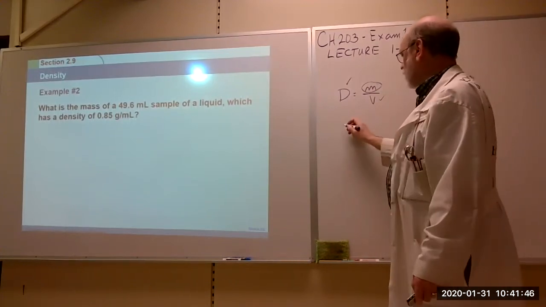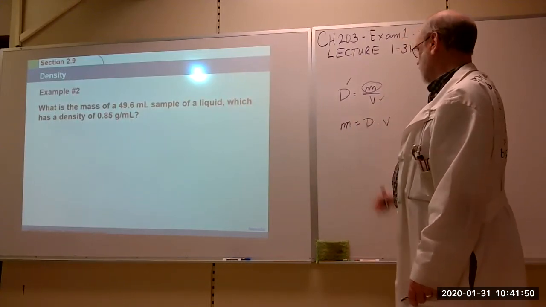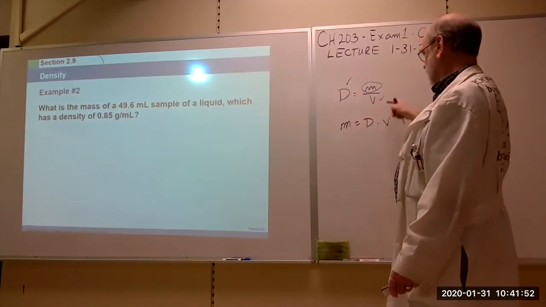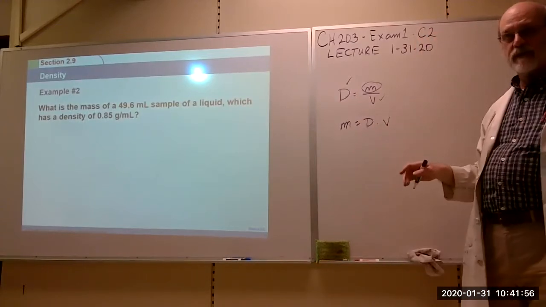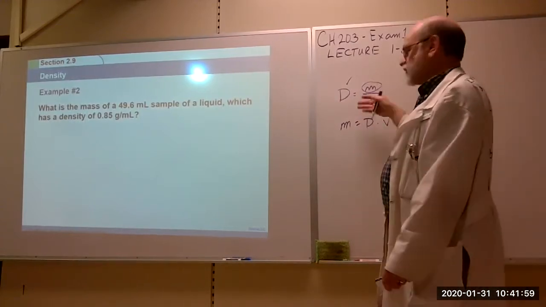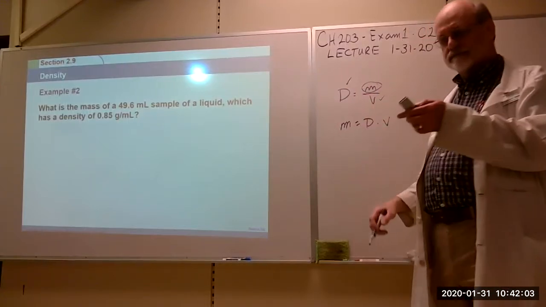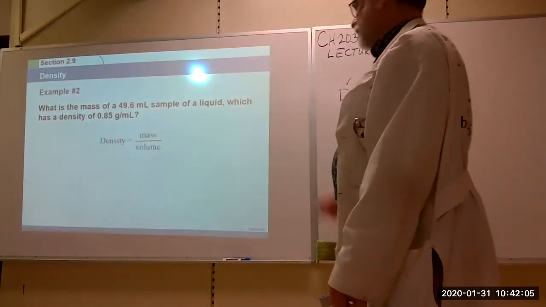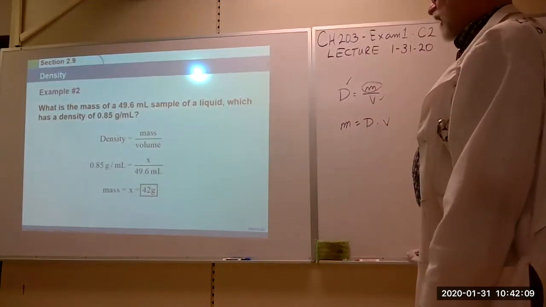So you just have to solve it for mass. Just move this over here, times that, and plug in those two numbers, solve for mass. Or plug in the numbers and then solve for the one that you want. Either way. That's the way this was done. So the mass is 42 grams.